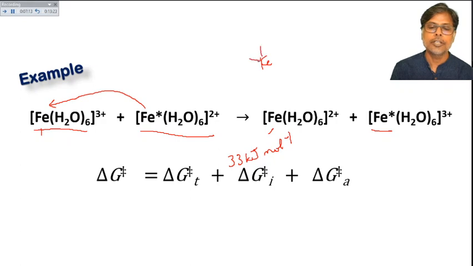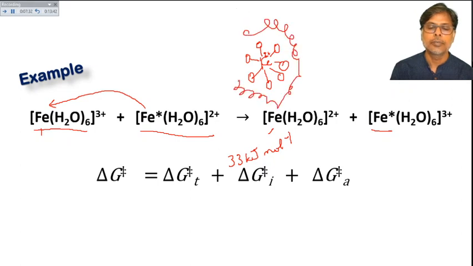The first coordination sphere is here. You have the hexaaqua complex, so you have water molecules surrounding the iron 2+ complex, and there will be solvent molecules around this first coordination sphere. For iron 2 they will be different, for iron 3 they will be different.